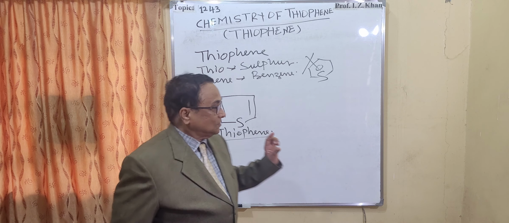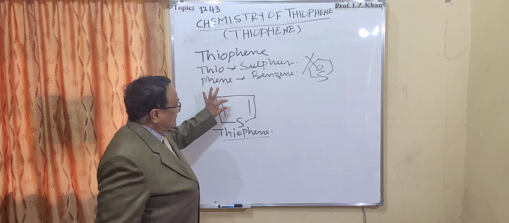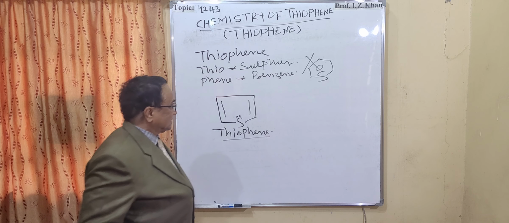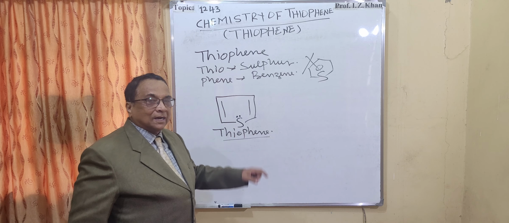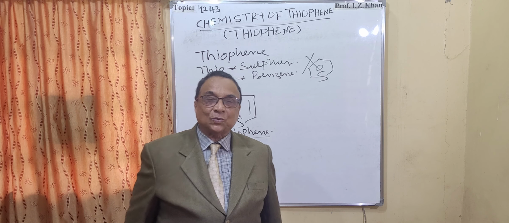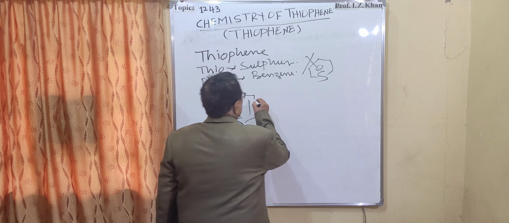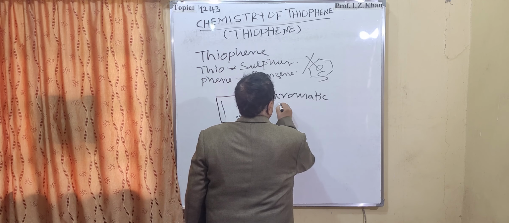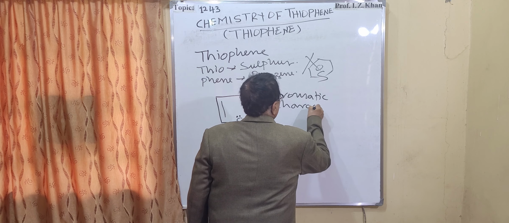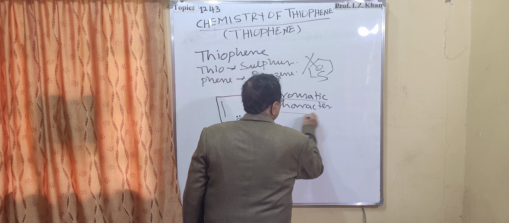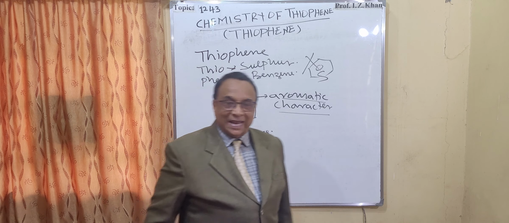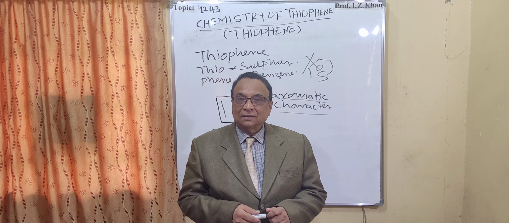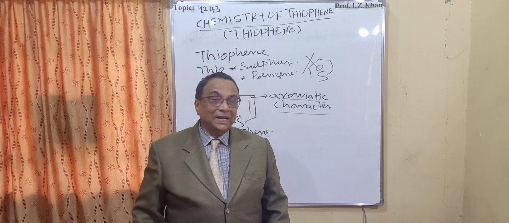Thiophene has aromatic character like pyrrole or furan, all these five-membered heterocyclics. Here also it is not a pure double bond, and the electrons sitting over sulfur become part of a delocalized system. That's why thiophene shows aromatic character. Once it is aromatic in character, it is flat, planar, not non-planar.